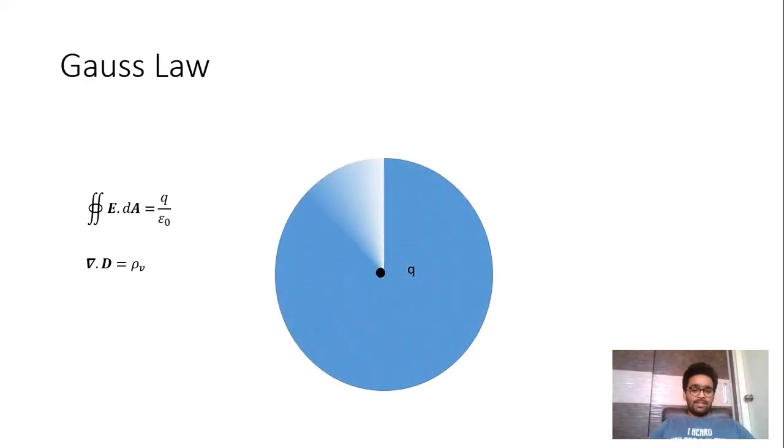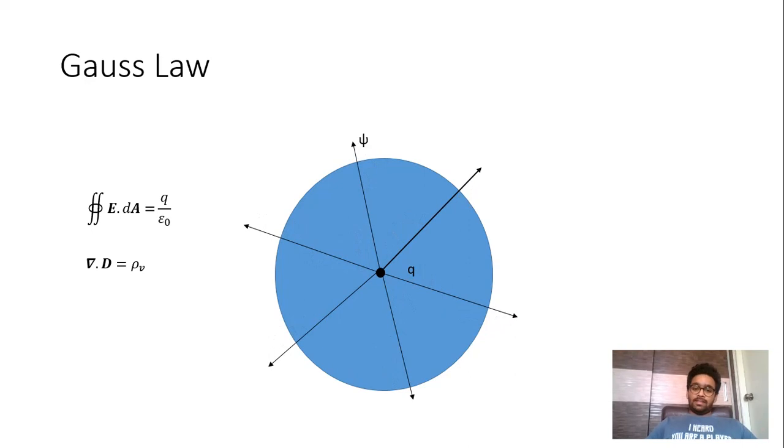This is the Gaussian surface. If you integrate the electric flux at each and every point on the surface and sum up all those points, you simply get Q. So that's what the equation says.